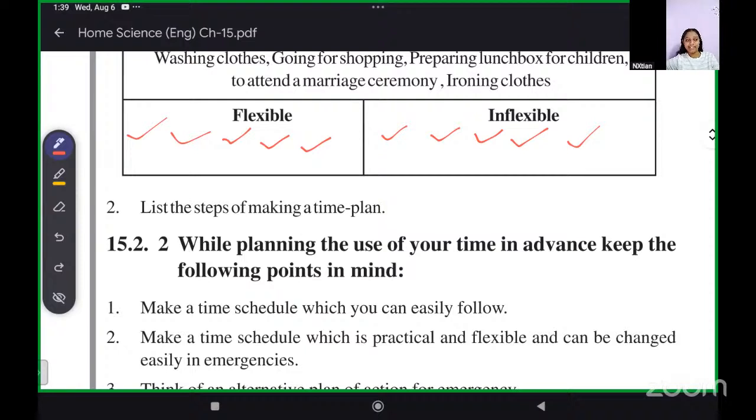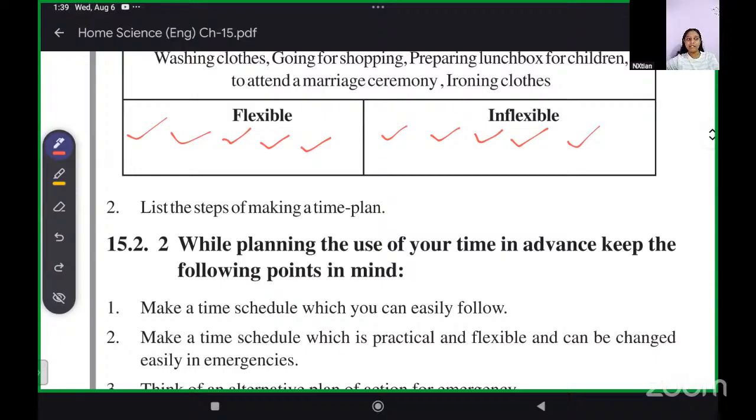We make a list of all the activities. Okay. We check which activities are flexible and inflexible. Then we take out the inflexible activities. No, sorry. We take out the flexible activities. Okay. Which can be shifted. We only take those top priority things, list them down.